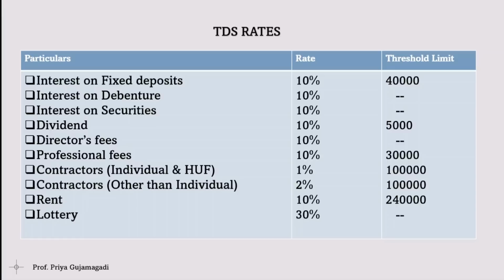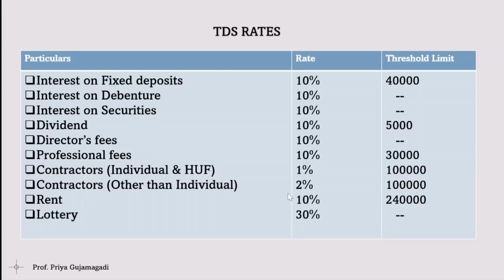On a single installment, up to 35,000 is not deductible. After that, if the total income is more than 1 lakh, then TDS is deductible. We have one problem relating to this. While solving this problem, I can explain this a little bit more clearly. Rent. On rent, 10% TDS is deductible, and up to 2,40,000 there is no tax.